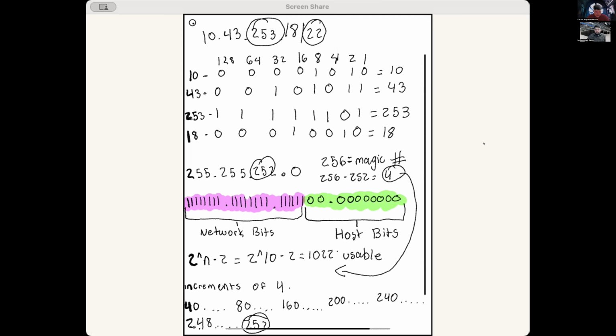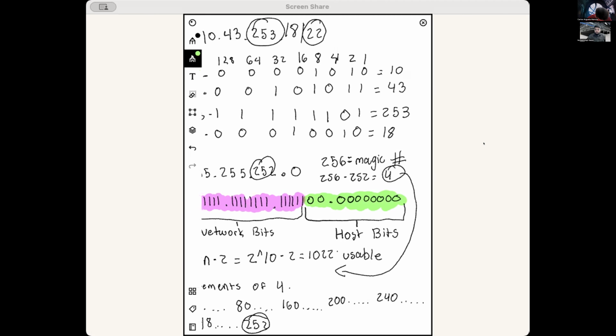Let me highlight this because it is a very important thing. 256 is the magic number, and then 256 minus 4 means our network ID changes every 4.